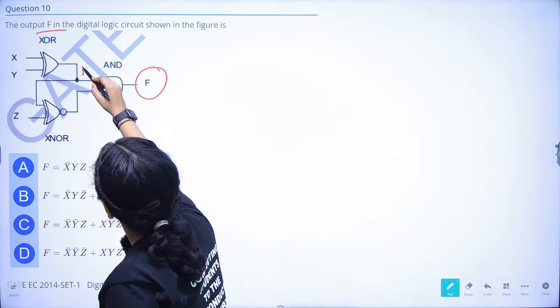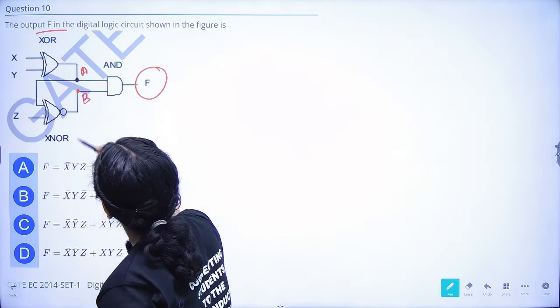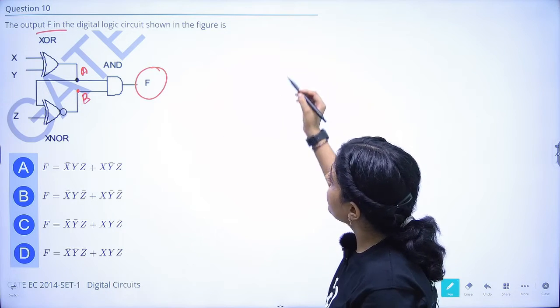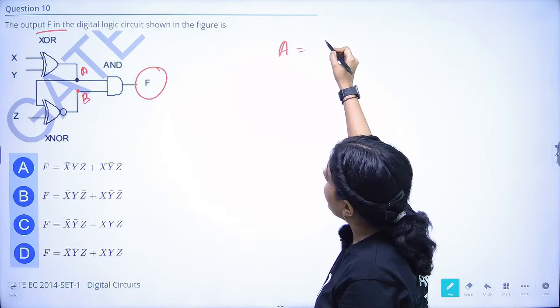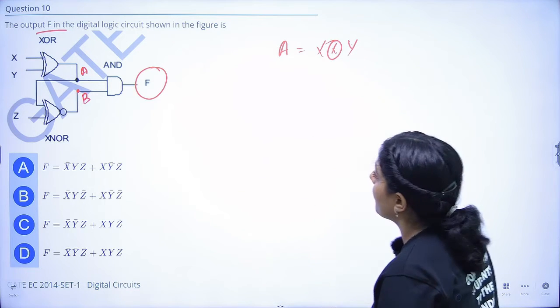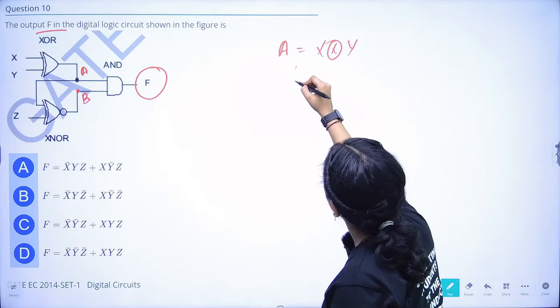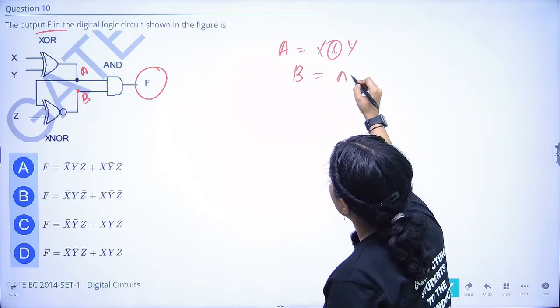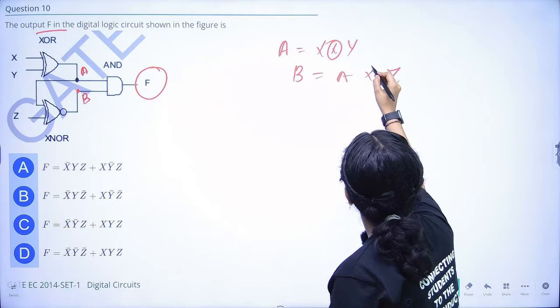So let me write this as A and this as B. What is A? A is X XOR Y. What is B? B is A XNOR Z. Sorry, this is an XNOR gate.